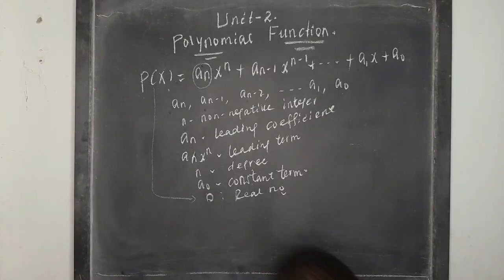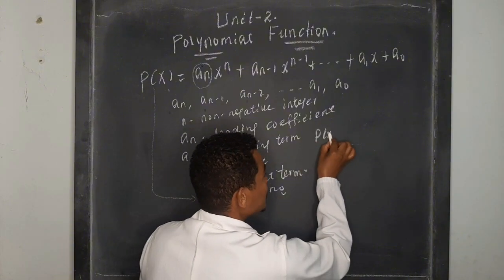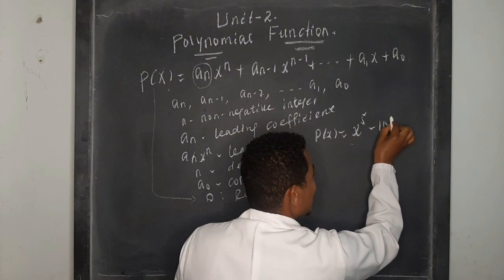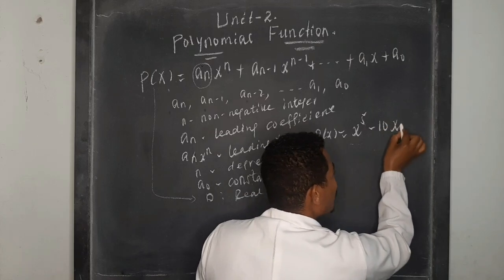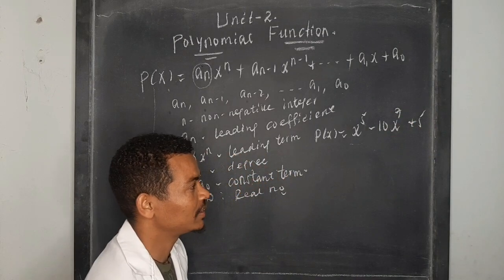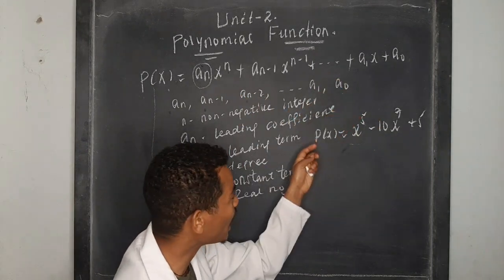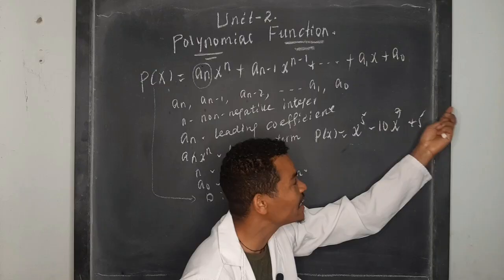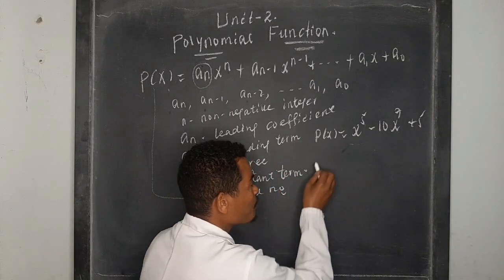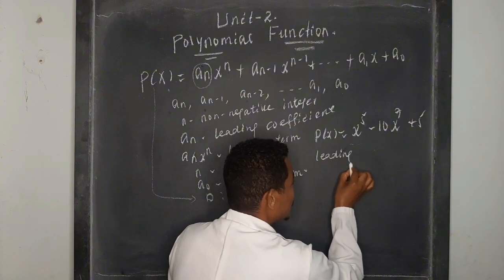For example, p(x) = x^5 - 10x^7 + 5. This one is a polynomial because it is written in this form and the exponents are non-negative integers.